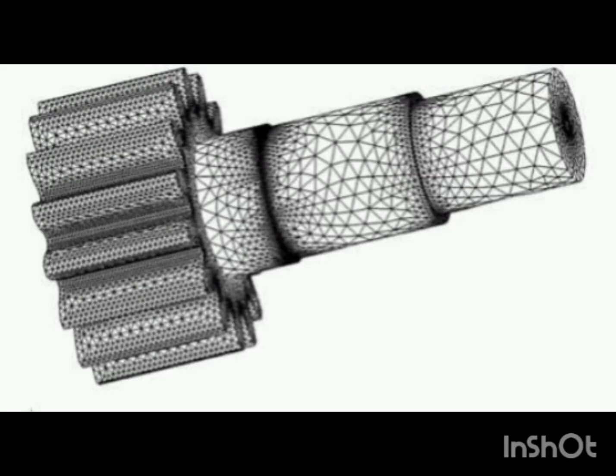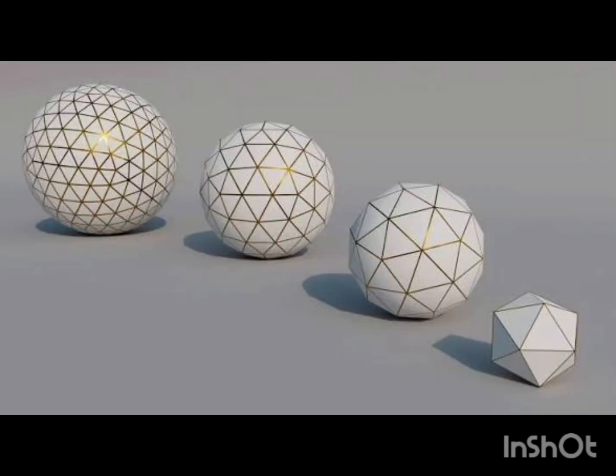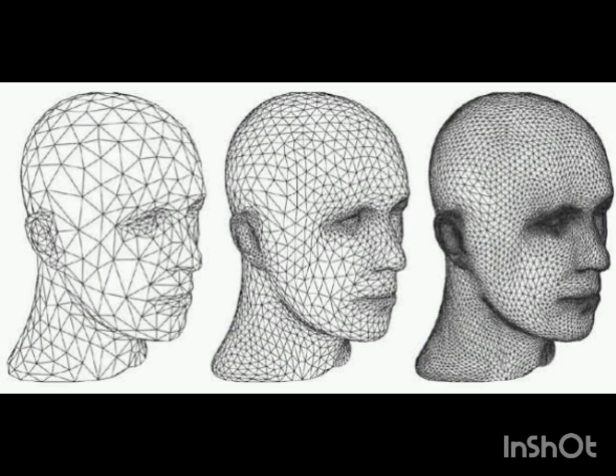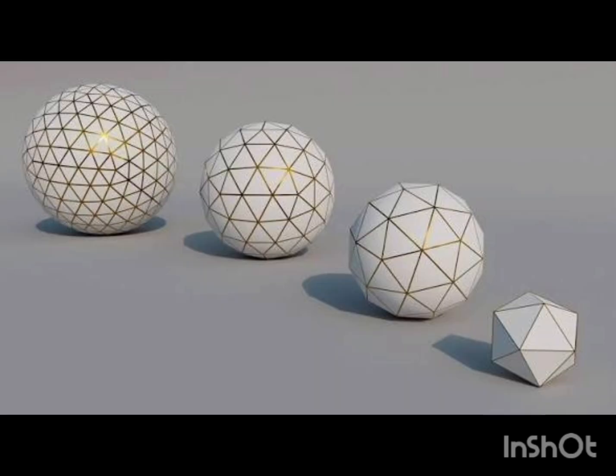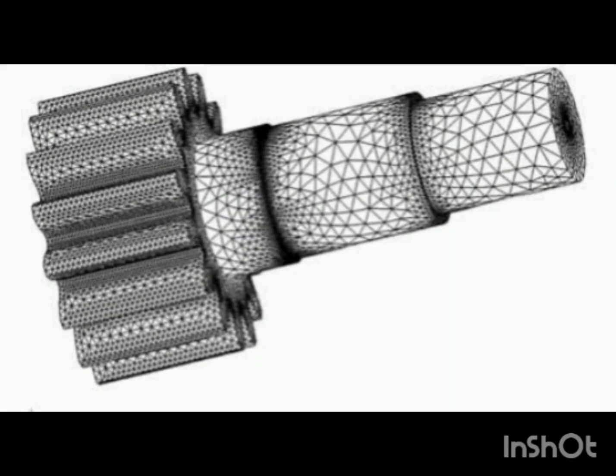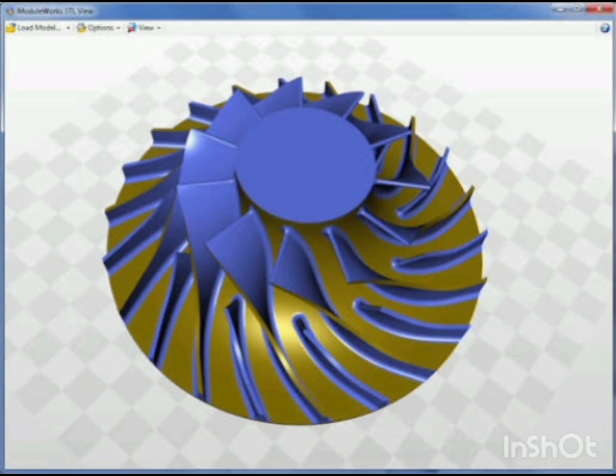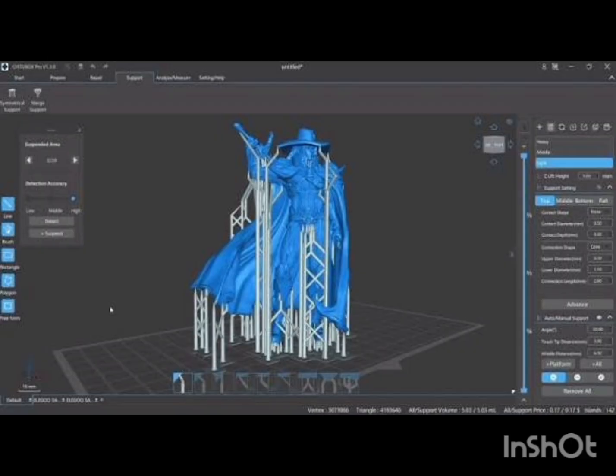Best support thickness for a dental model. For light support, the tip diameter should be 0.025 to 0.03 millimeters and the pillar diameter 0.8 to 1 millimeter. For medium support, which is most commonly recommended, the tip diameter is 0.35 millimeters and the pillar diameter is 1.2 to 1.5 millimeters. In the case of heavy support, the tip diameter is kept at 0.05 to 0.6 millimeters and the pillar diameter is 1.8 to 2 millimeters.